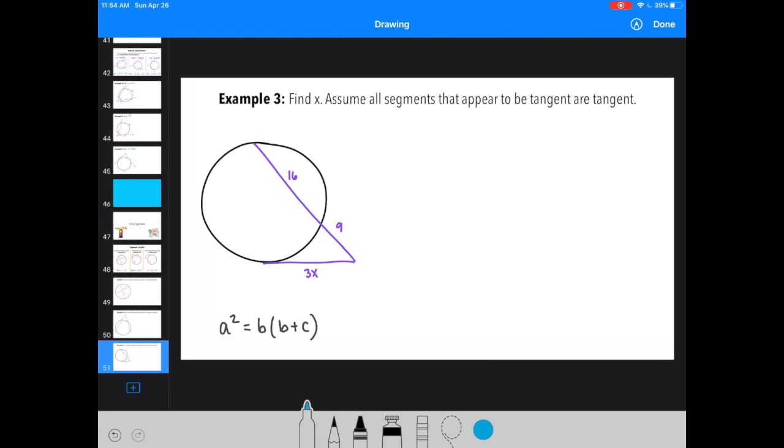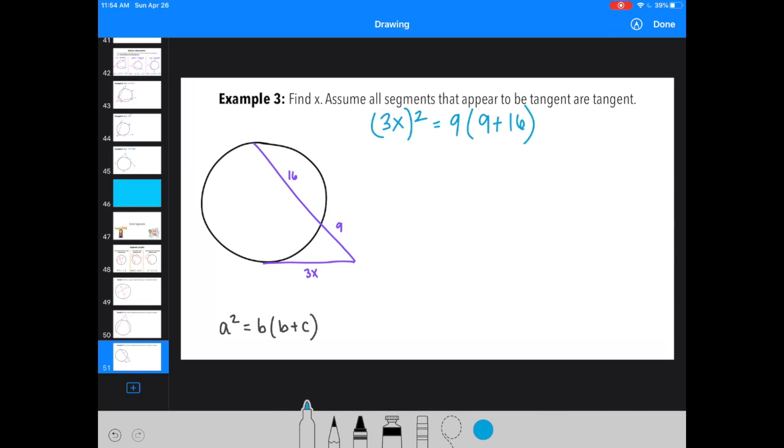Our last example, example 3. We are wanting to solve for x. So I'm going to take my portion that's outside of my circle, which is 3x squared, equal to my outside portion, 9, times 9 plus 16. Let's distribute that square.